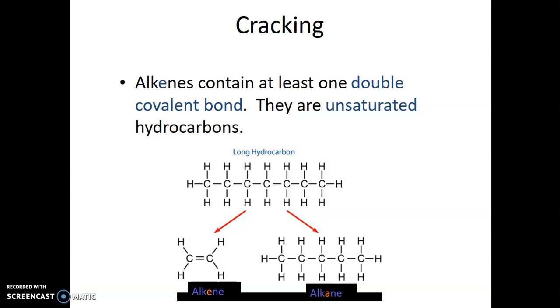So however many carbons there are, there'll be twice as many hydrogens plus 2. Alkenes have the general formula CnH2n. So however many carbons there are, there will be twice as many hydrogens. No plus 2 because of the double bond, which means there are fewer hydrogens per carbon.